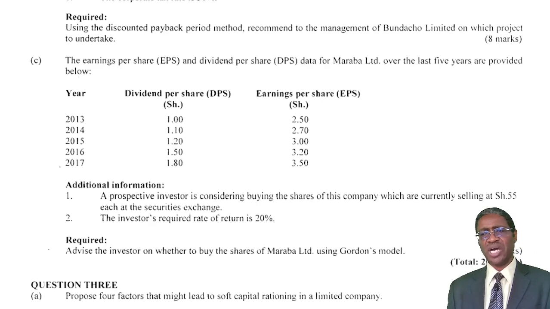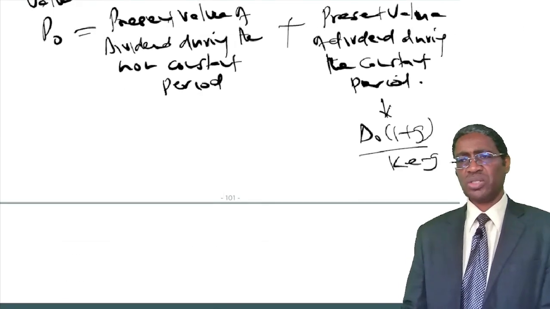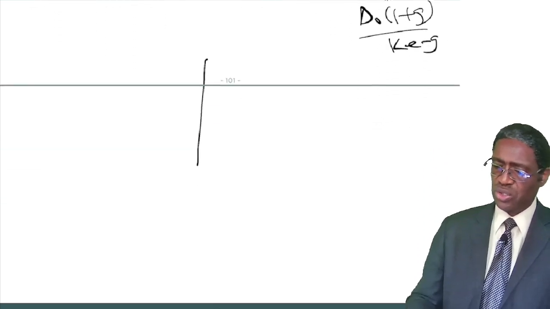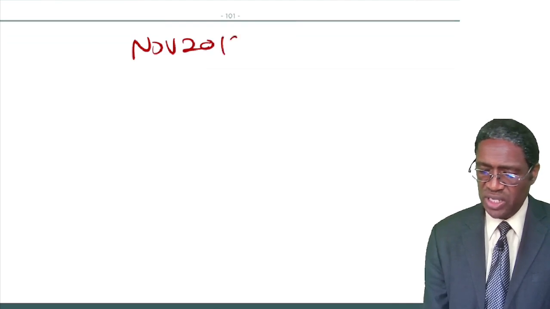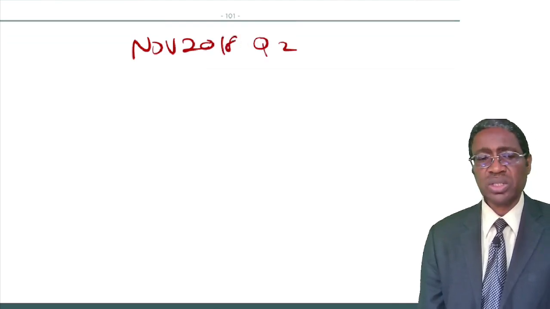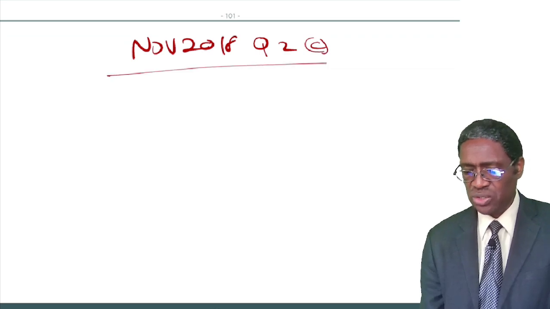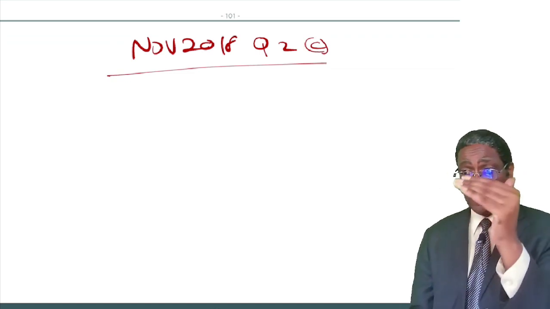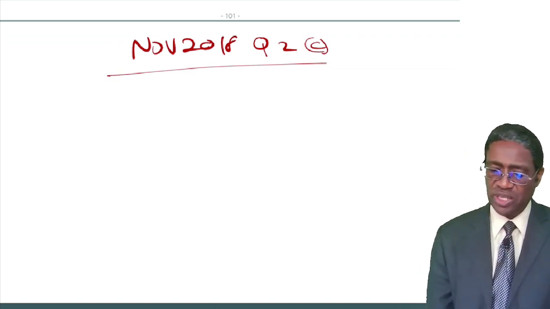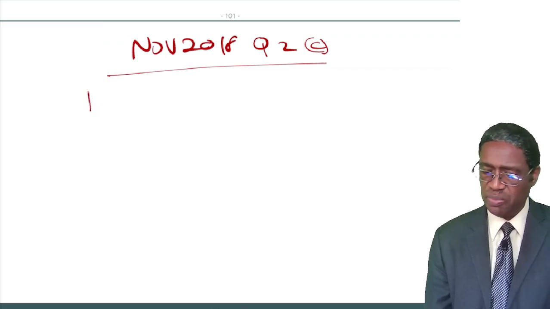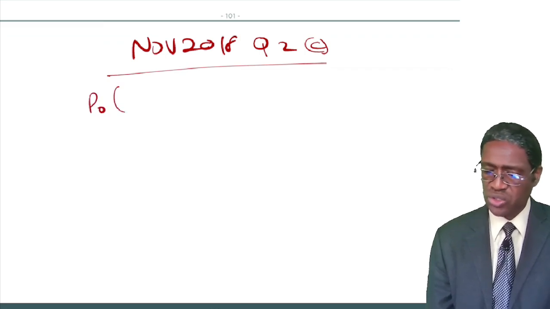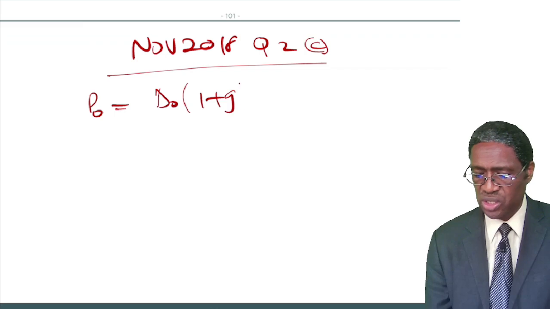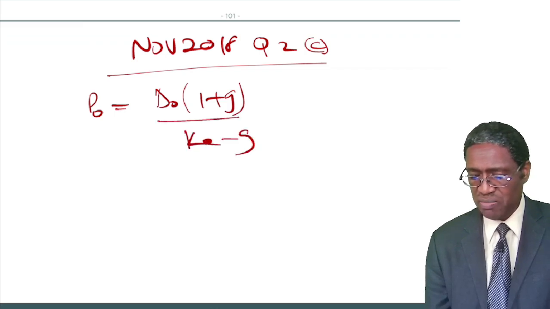Let's do the calculation now for this question of November 2018, question 2C. According to this question, the dividends are growing, so we are going to use the formula P0 equals D0 into 1 plus g, divided by Ke minus g.